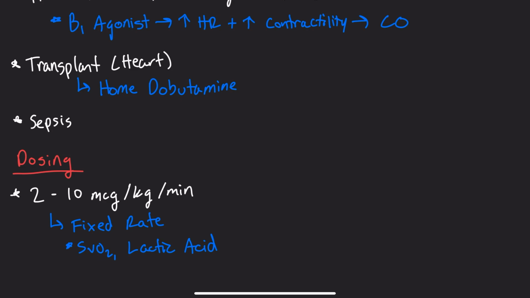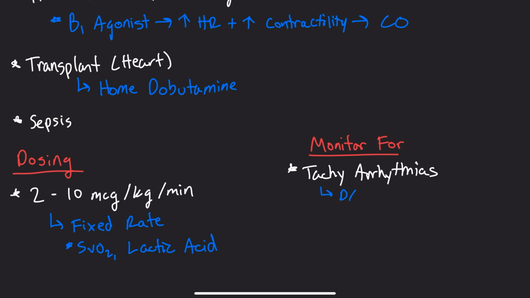As far as things to monitor for, some side effects. Big ones here are going to be tachyarrhythmias. Once again, due to that beta-1 activation, it's going to cause that increased heart rate, right?